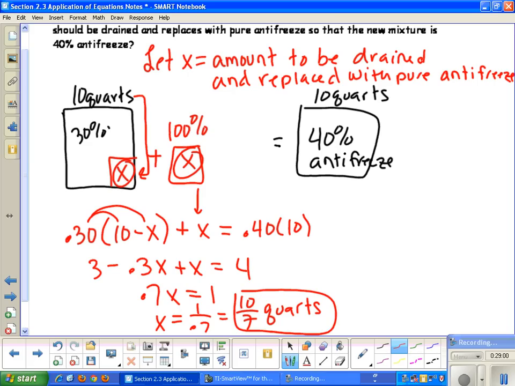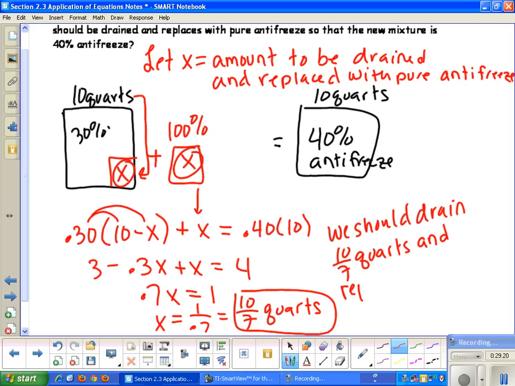So in this case, that means that we should drain 10 over 7 quarts and replace it with 10 over 7 quarts of pure antifreeze.